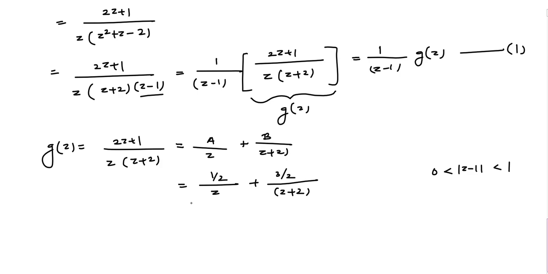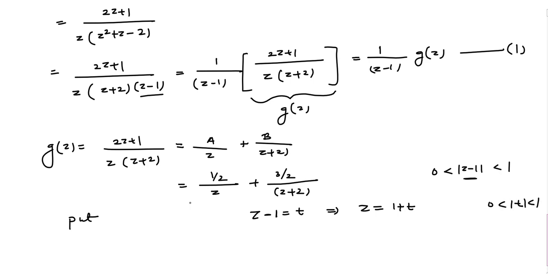So here we have the term z minus 1, and we put z minus 1 equal to t. From here the value of z is equal to 1 plus t. Then the domain will be 0 less than mod of t less than 1.